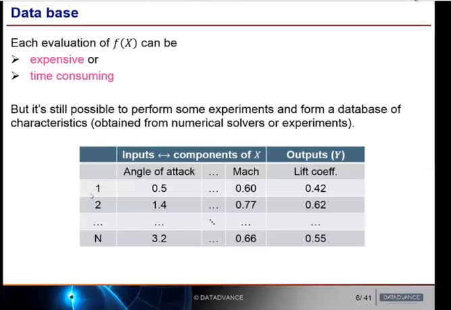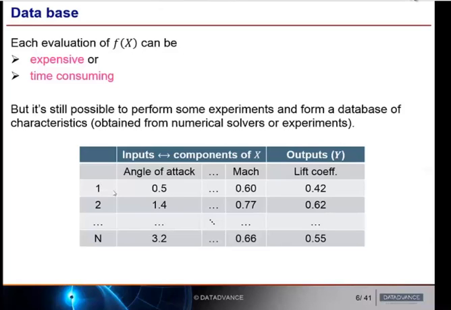Well, then we put all our information into different rows and form a table like the following. When we form this table, we call the input components X, and we call the output components Y, and we call the whole table the training sample.